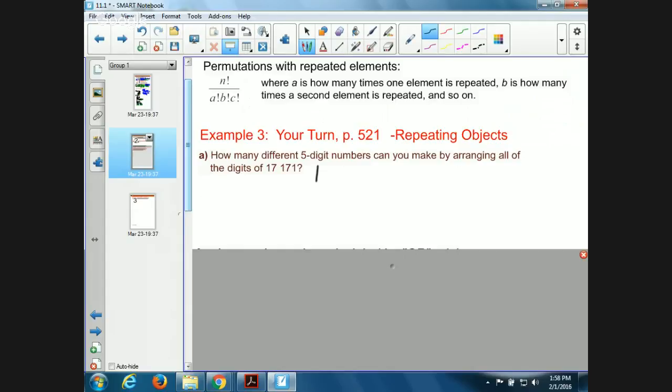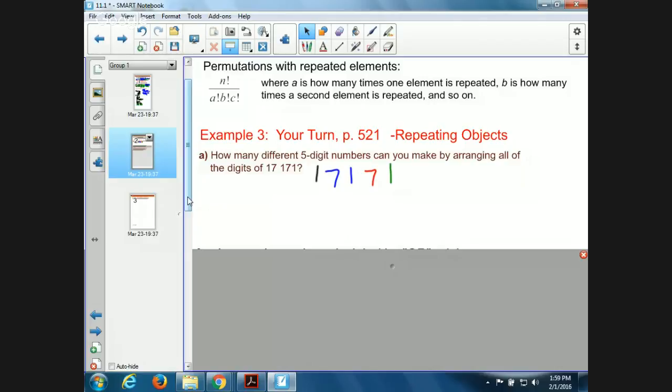We have 1, 7, 1, 7, 1. We've got these 5 numbers. Do you see that the ones are all repeated? So what I mean is that if I trade these places here, that's not a different number. Likewise, if I trade places with the 7, that's not a different number.